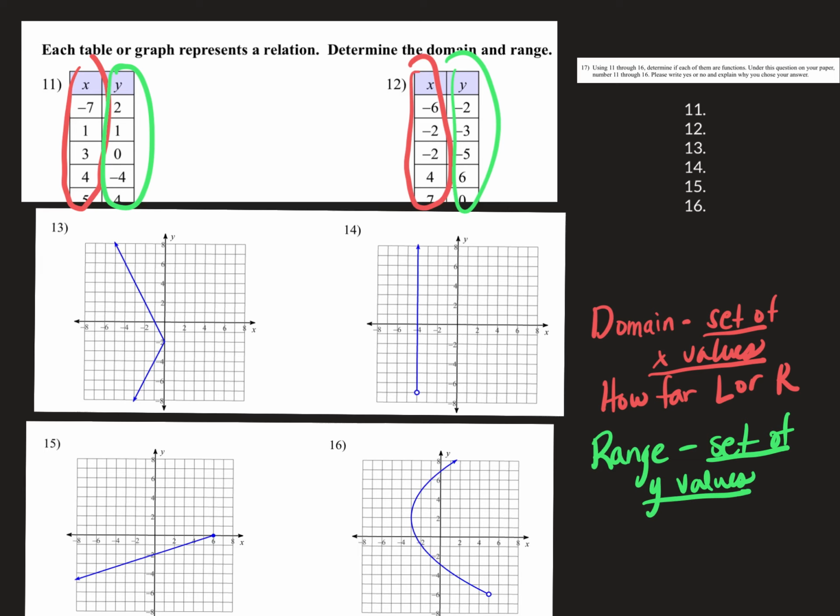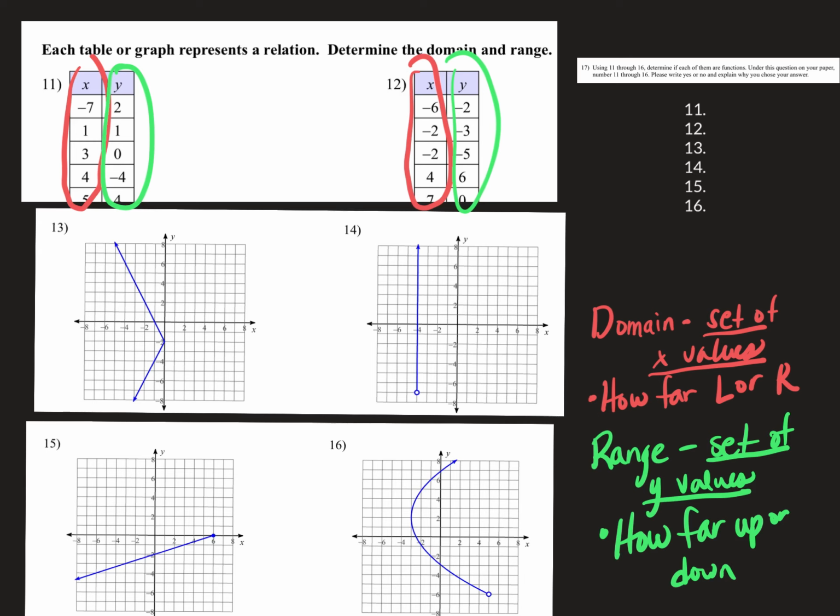But when you have questions like 13, 14, 15, and 16, you need to use how far left or right a graph goes and how far up or down. And I'm going to go through and highlight the graph.